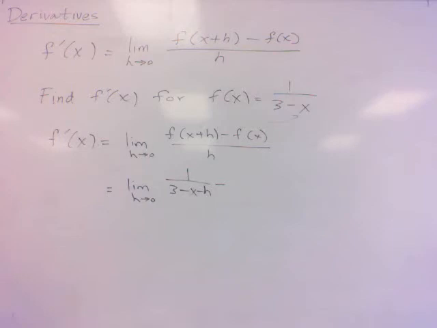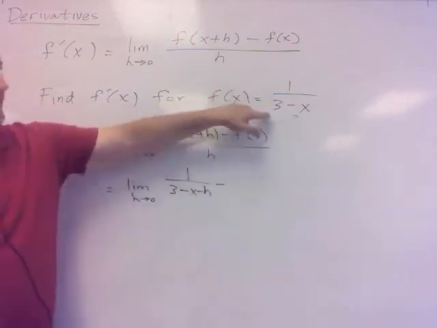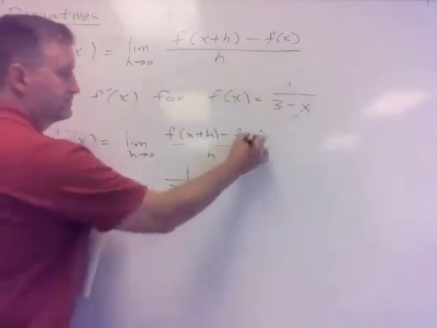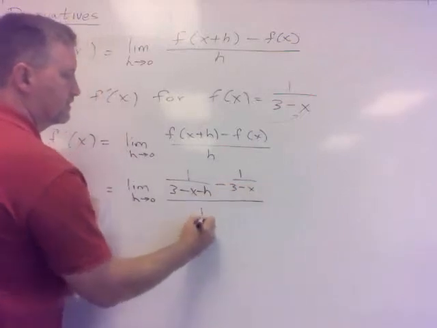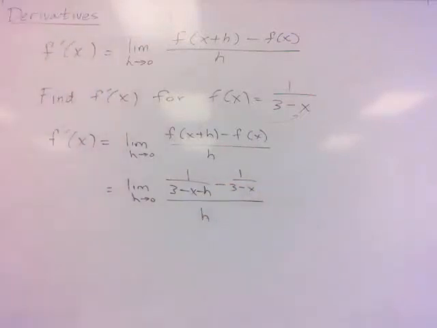Then I'm just going to subtract f of x. Well, f of x is 1 over 3 minus x, so that's what I replace f of x by. And then all that over my h. So that's a nice limit.